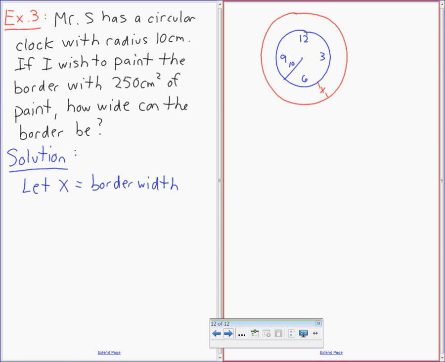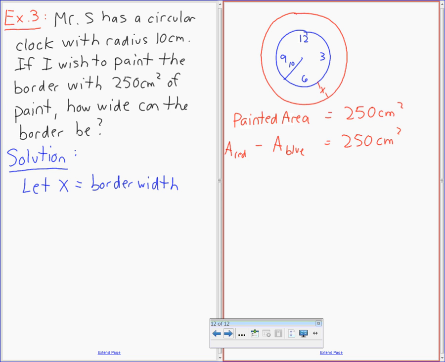Okay, so we're going to say the painted area is going to equal, we said, 250 centimeters squared. To get the painted area, it's going to be the area of the red circle minus the area of the blue circle, which is going to be 250 centimeters squared.